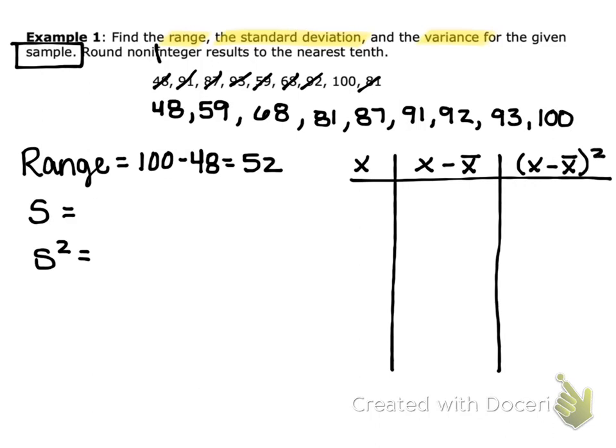So the deviation and then the deviation squared. In this table, we're going to list every one of our data points. 48, 59, 68, 81, 87, 91, 92, 93, and 100.